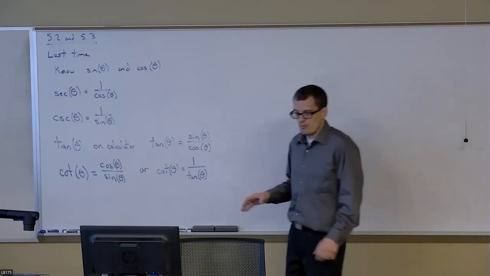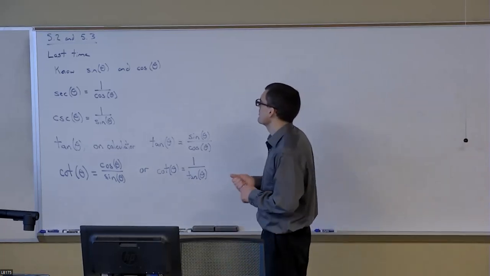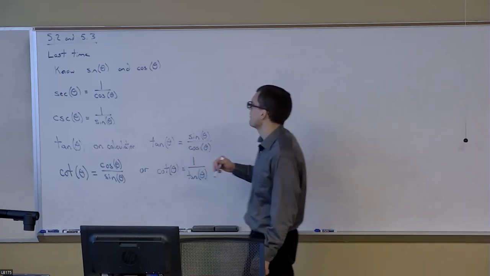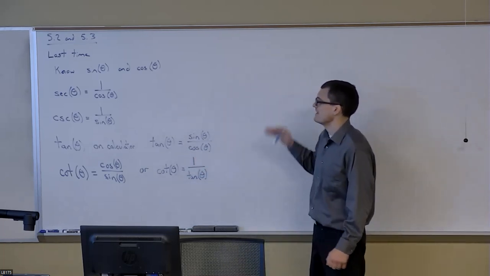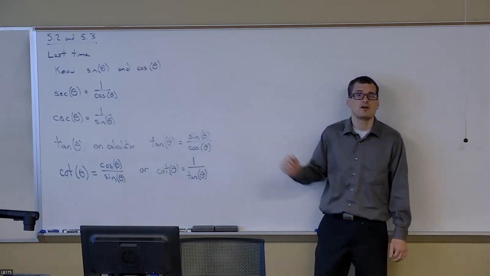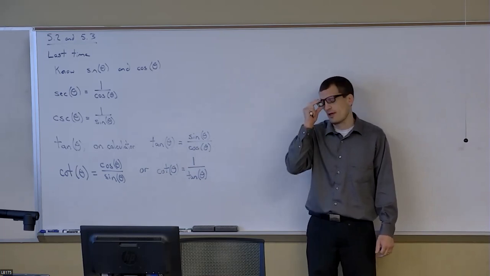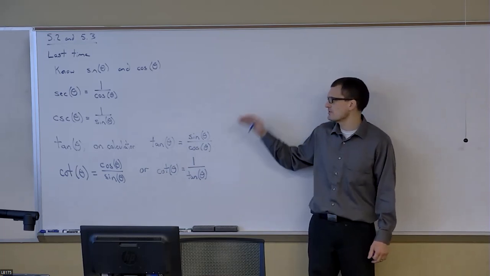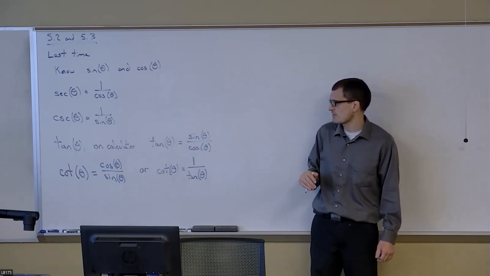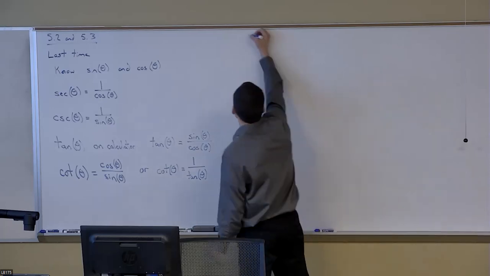So let's once again use those identities. That's what they basically are. These are trig identities. We'll see a lot more trig identities in chapter 7. But we'll use those trig identities to calculate certain things.